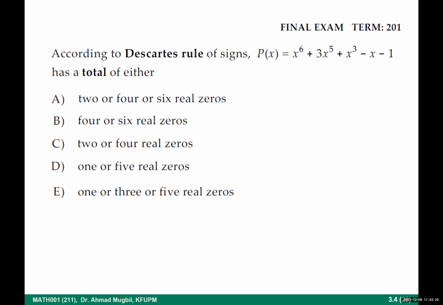How to know? By the variation in signs, by Descartes' rule of signs. Do it, try it. Just one. Is it A or B or C or D or E? Sure?